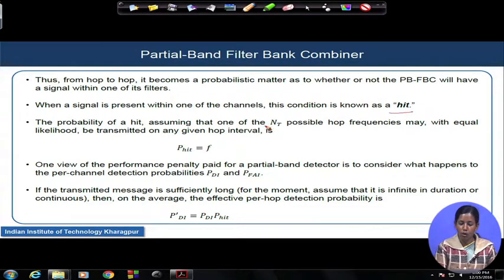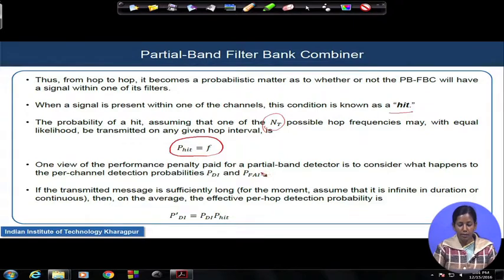Assuming that the NT possible hop frequencies occur with equal likelihood, the transmitted signal will be sent on one of them, and given the hop interval, the probability of a hit will be equal to that f itself. In view of this expression, now we have to consider the performance penalty we will pay.